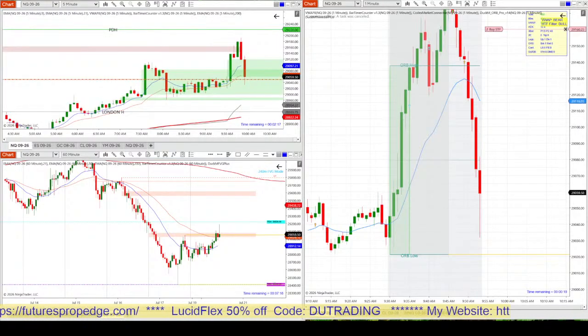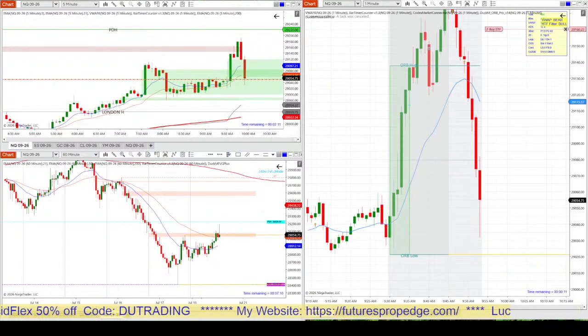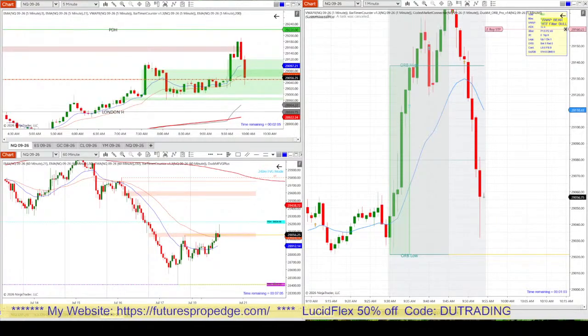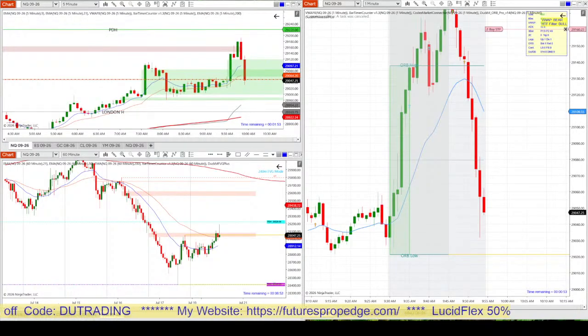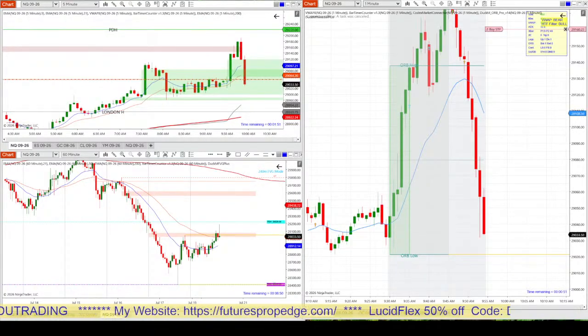I mean, I'm still a little bit bullish, because I think they're going to test that priority high, right? But as of now, anybody who entered long is underwater. They have been wiped out. So yeah, we're just waiting.